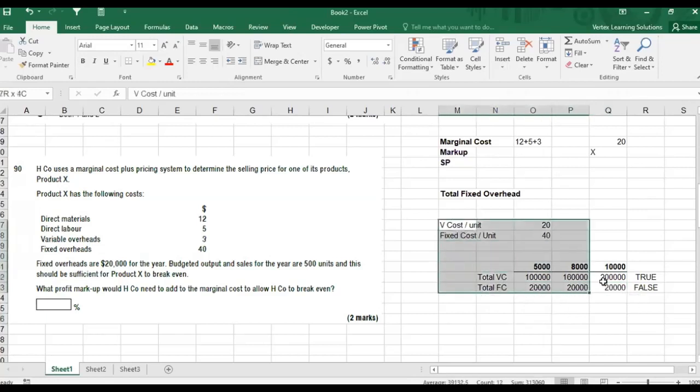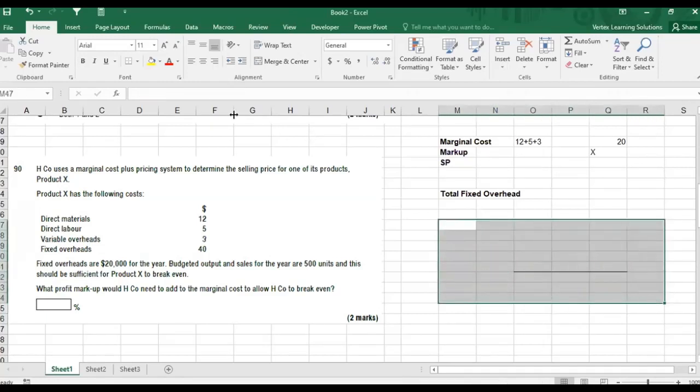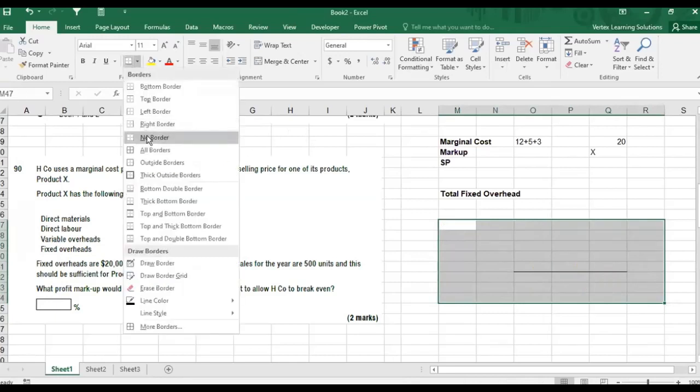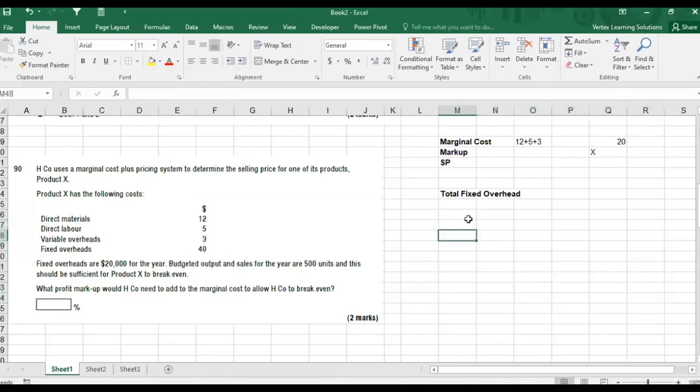Anyways, it was just an example to show you so that you understand that I will never be focusing on this $40. I should be focusing on 20,000. So we would say that total fixed overhead is 20,000 and my budgeted production is, I don't know how much, 500 units.